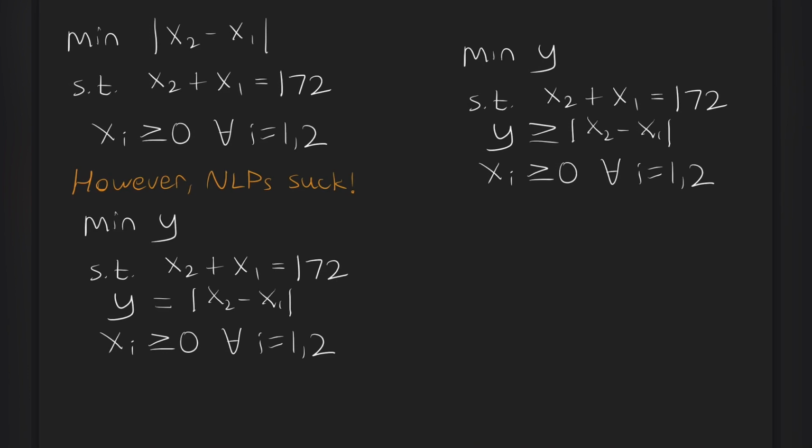Okay, now what we're going to do is set y greater than or equal to x2 minus x1, or the absolute value of that. And the reason we change it from an equal sign to a greater than or equal sign is actually because this is just a step in the process of trying to get rid of the absolute value of x2 minus x1.